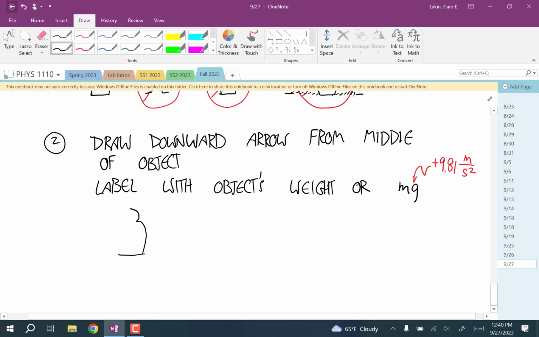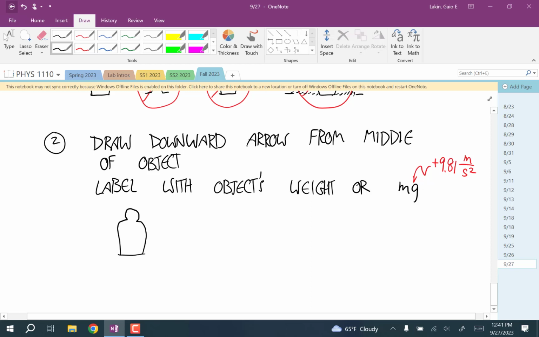Wait, why positive? Yeah, that's a good question, and I think everybody thinks about that at some time. So the magnitude of the acceleration of gravity is 9.81 meters per second squared. The direction is down, okay?